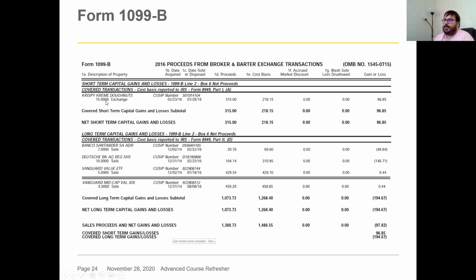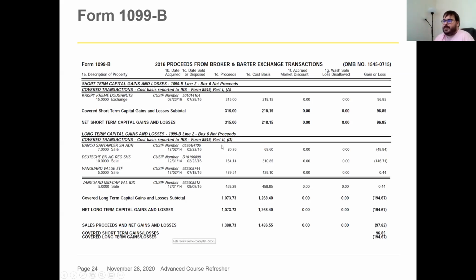But basically, it will give you all the information where it will say, okay, what was sold, when was it bought, when was it sold, how much did you get for it, how much did you pay for it, and what's your gain or loss. You will then put this information into the system, and it will generate it.